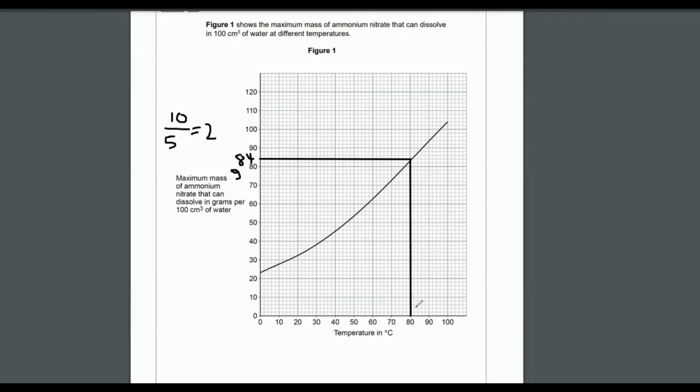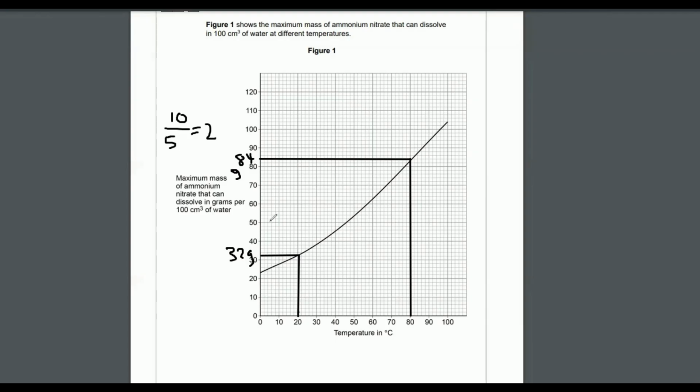But let's say you then cool it down to 20 degrees. How much is still going to be dissolved in the solution? How much is going to have come out? So we draw our line up. It's 1 square up as far as I can see, so that's 32. So when you cool it to 20 degrees, only 32 grams is left dissolved.